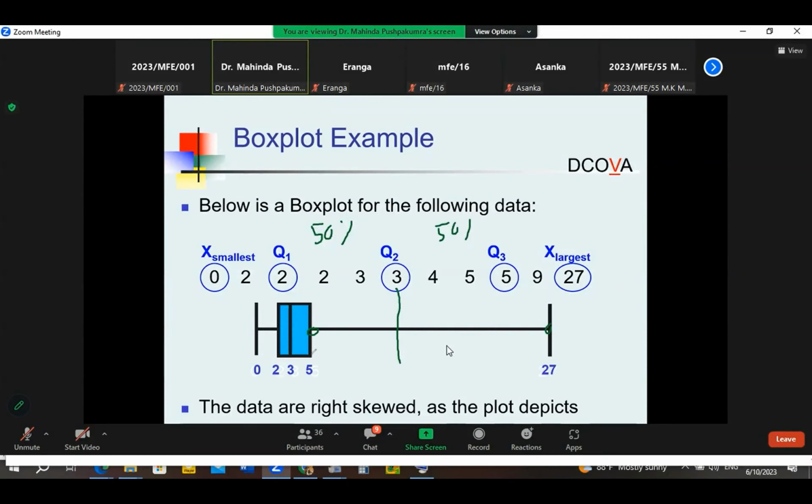You can see Q3 is 5, but the largest value is 27. That's why we have a large tail here. But since this is Q3, there should be 25% of observations above this value. I hope you got the point. Yes, sir. Thank you.